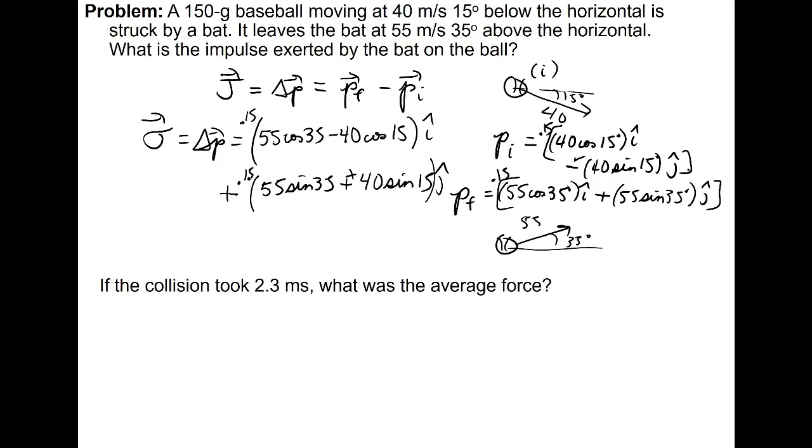Sorry about that, but you gotta remember to keep that mass in there. And that's going to get us a change in momentum. We'll go ahead and calculate this very quickly.